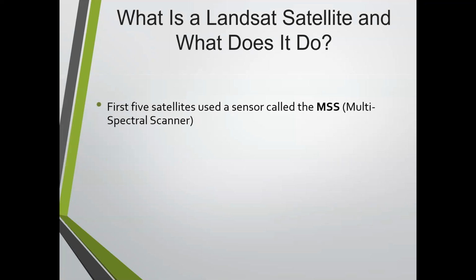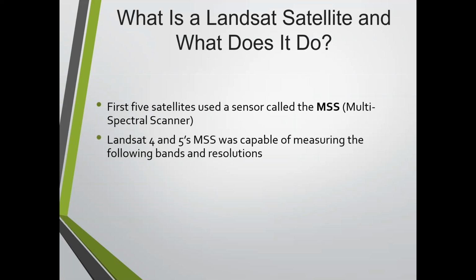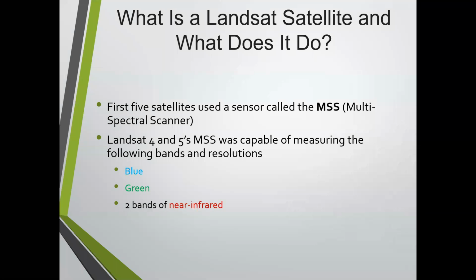The first 5 satellites that we deployed used a sensor called the MSS, the multispectral scanner. Landsat 4 and 5 MSS was capable of measuring different wavelengths. You could get blue, green, and 2 bands of infrared.